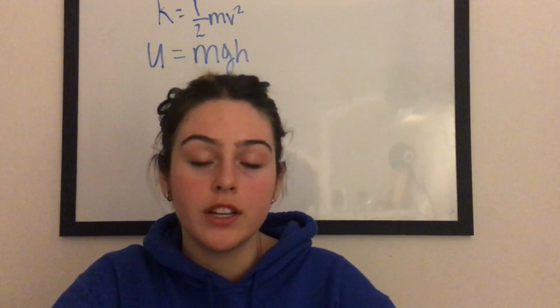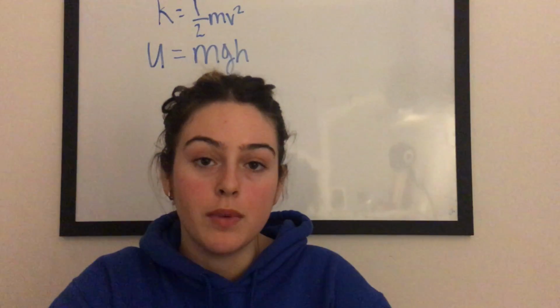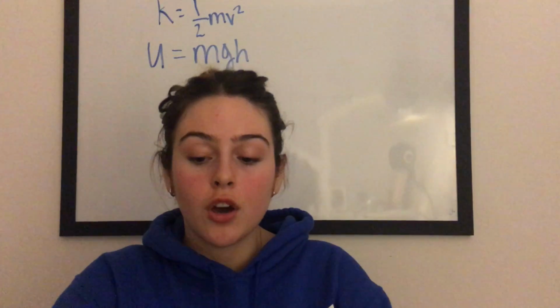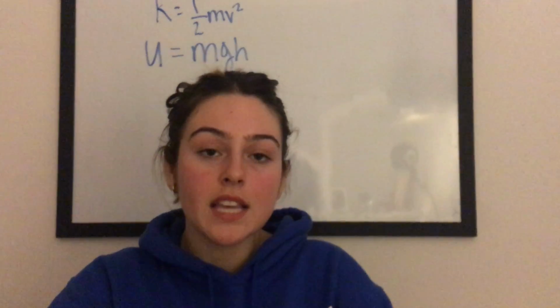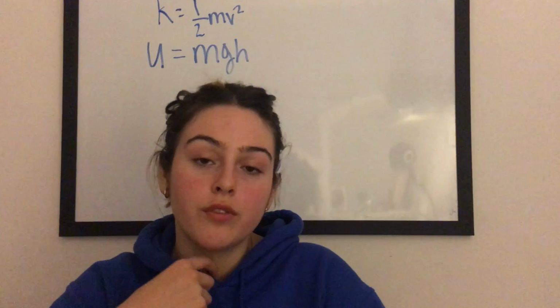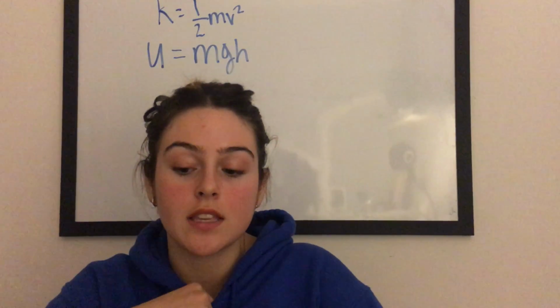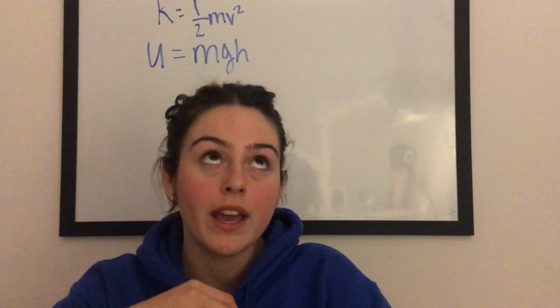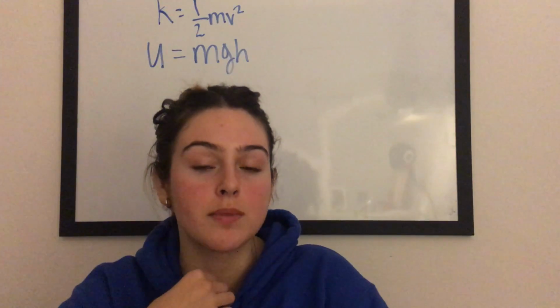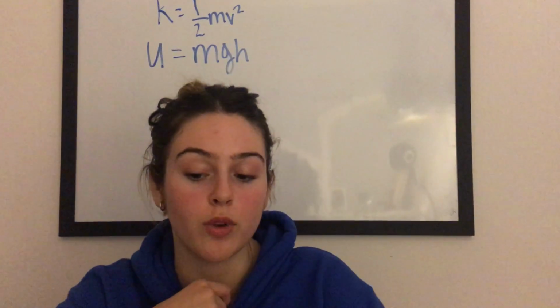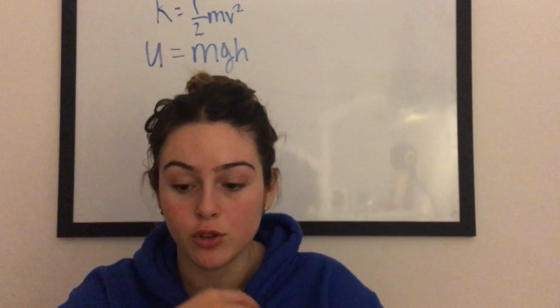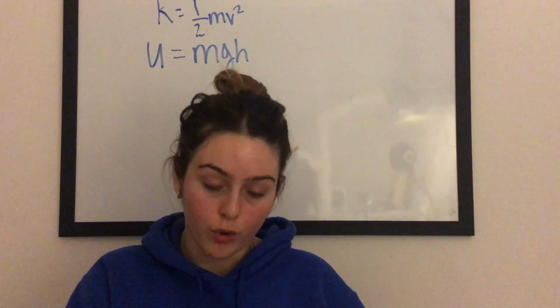So now moving on to force and momentum. Essentially, the relationship between force and momentum states that the rate at which an object's momentum changes is directly proportional and in the same direction as the applied force.